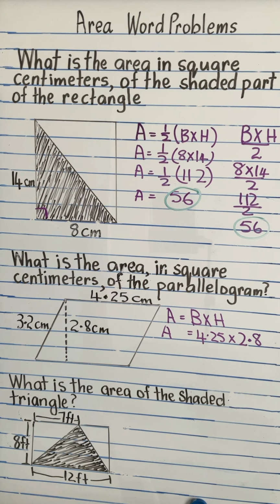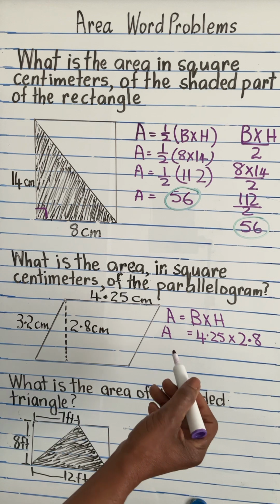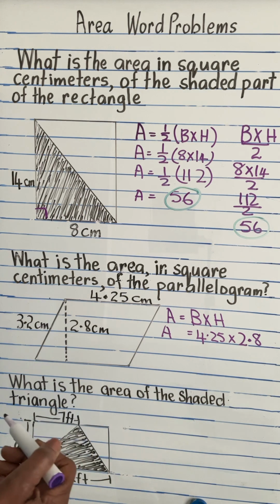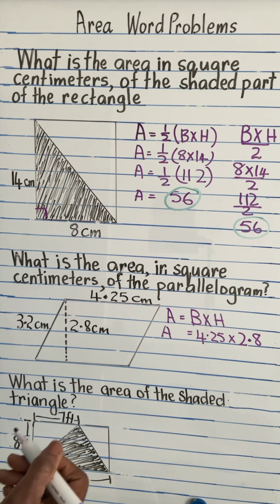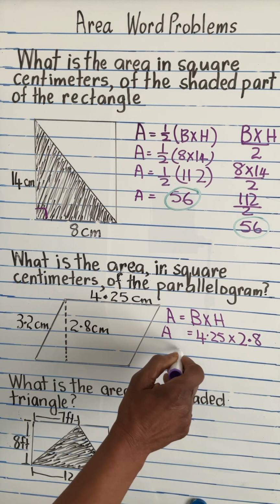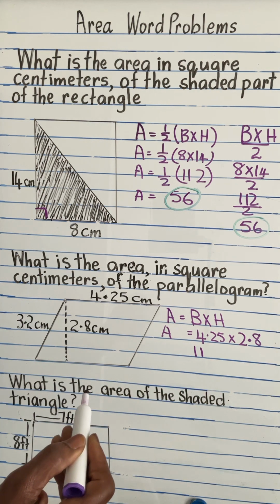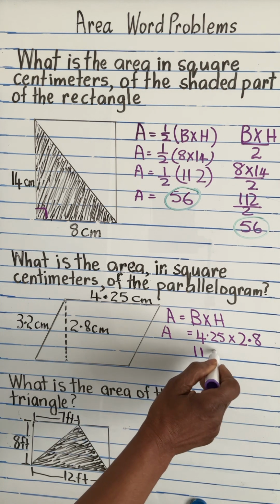So we're going to multiply 425 by 28, and we will get 11,900.